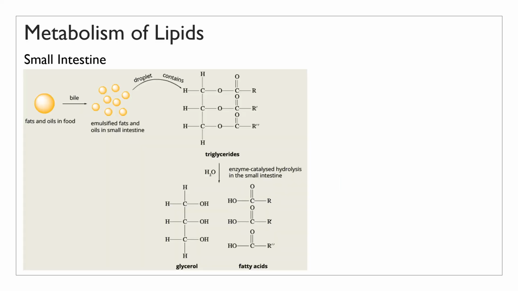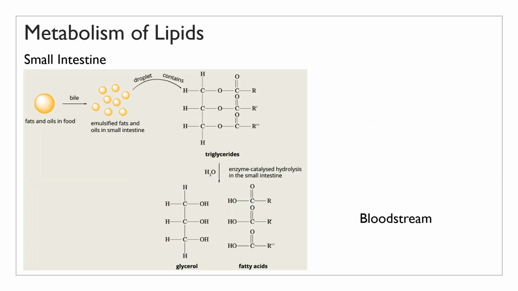So you start with the small intestine. It goes from a globule of fat or oil, undergoing emulsification via bile to turn into smaller droplets. The droplets will then undergo hydrolysis to turn into glycerol and fatty acids.